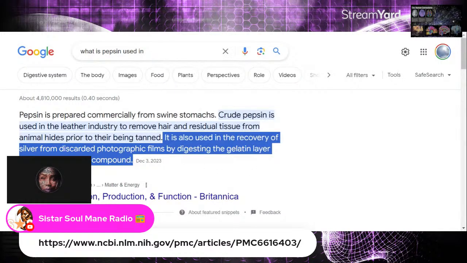So that means what? This particular compound will be able to attach to you. You're a magnetic being as well. You have silver in you, silver, copper, gold. All these things are inside of you, right? And it says it is used on discarded film by digesting the gelatin layer that holds the silver compound.